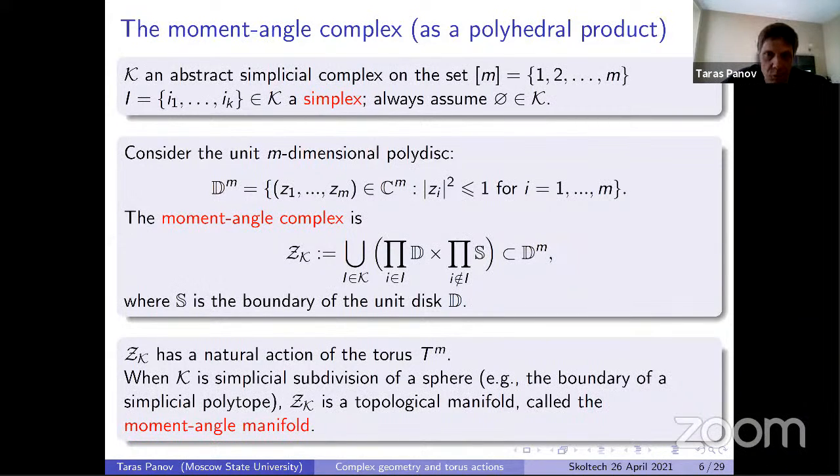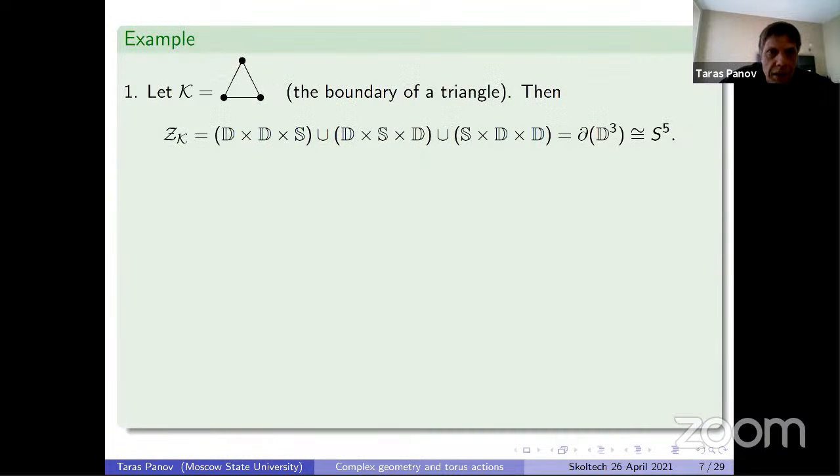So rather than proving this, I'll give you an example so you can get a feeling of what's going on here. We start with an abstract simplicial complex, and out of it we'll build up a subcomplex in the m-dimensional polydisk. This m is now a complex dimension, like with C^m. So okay, let's start with the boundary of a triangle.